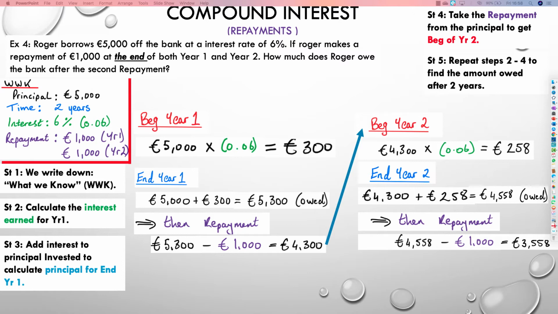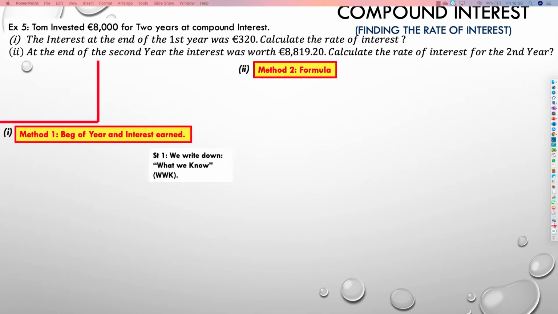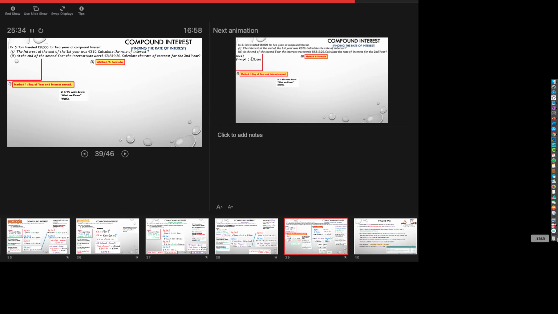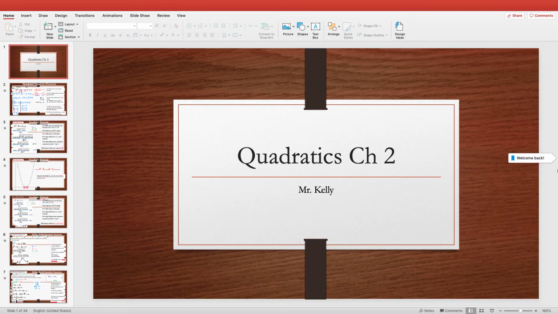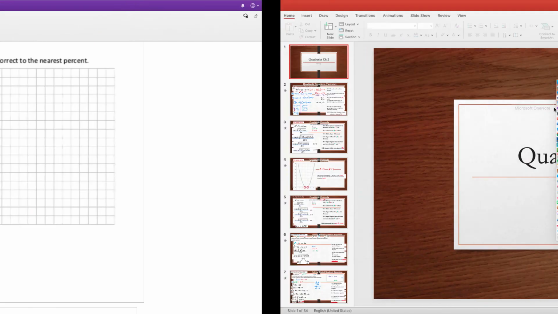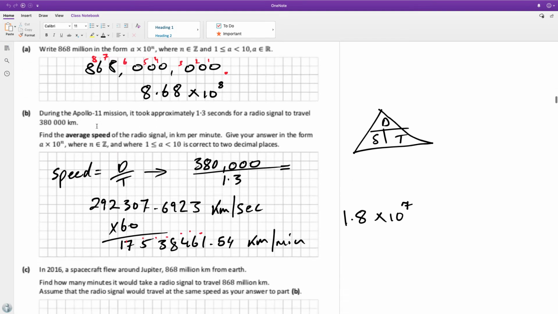Is that okay? Right, we're going to do a few exam paper questions for the remaining time. So let's have a go at the following. For the formula, I'll show you there now.